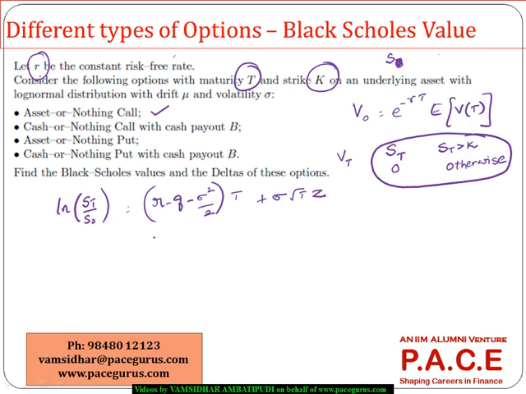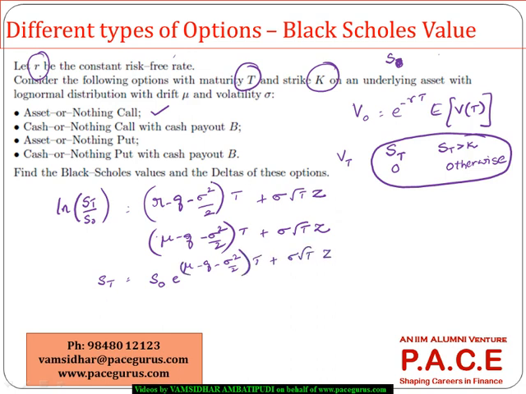So in the normal case when we are talking about mu separately, otherwise I could have taken, it comes out as mu minus q minus sigma squared by 2 times t plus sigma root t times z. So this is what will be the log ST minus S0. So from here I get ST is S0 times e to the power of mu minus q minus sigma squared by 2 times t plus sigma root t times z.